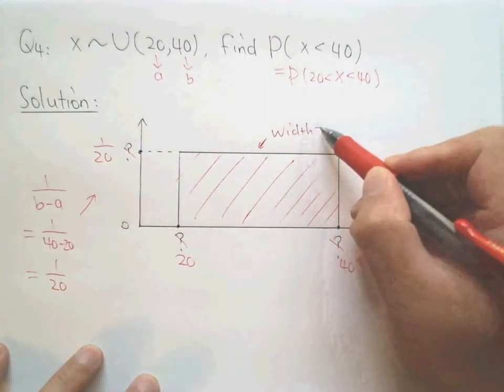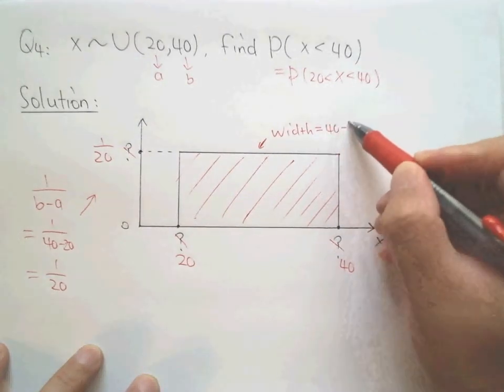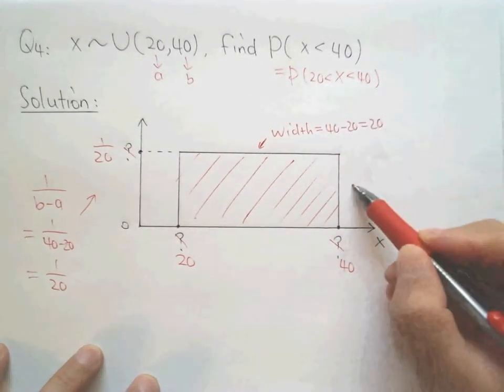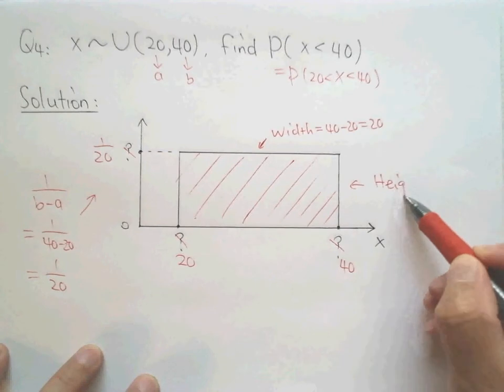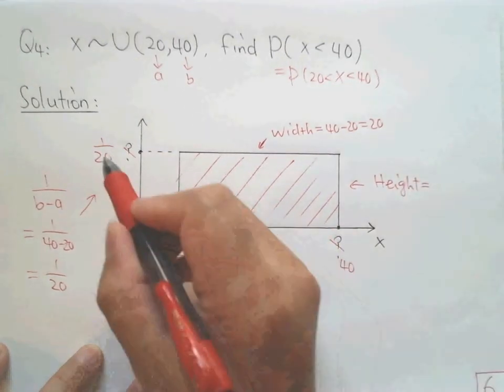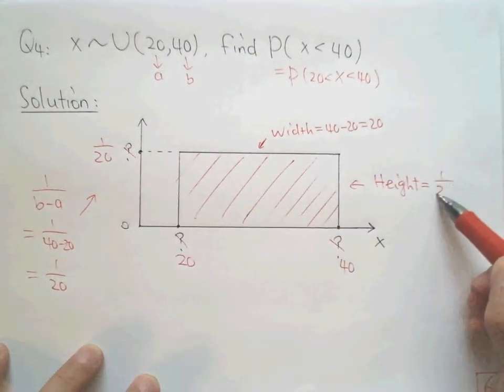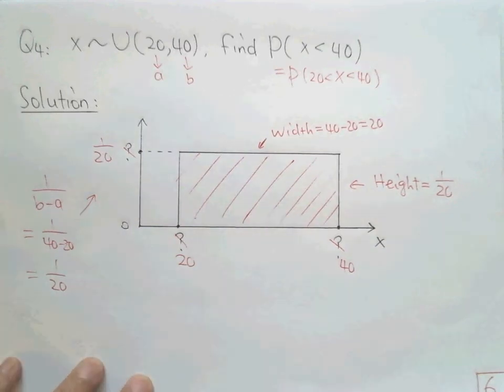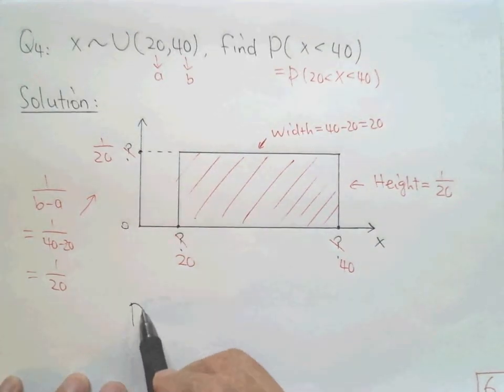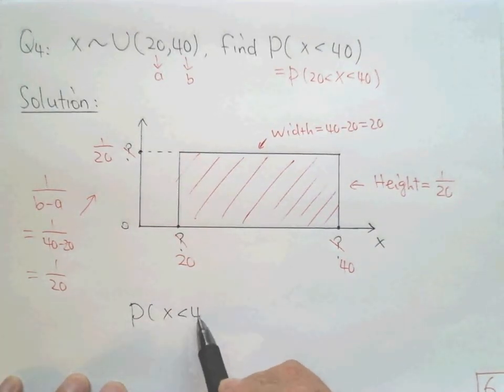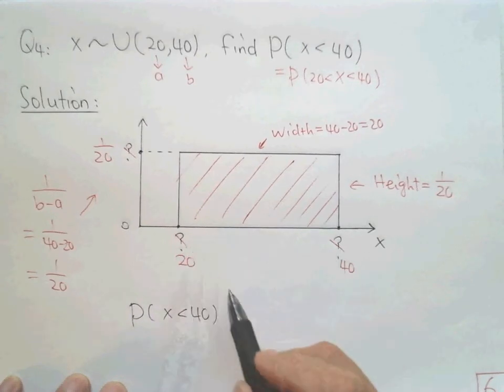It's 1, right? Okay, or if we want to do calculation, this is the width still. The width is 40 minus 20, of course 20. This is the height. What the height? The height is the original, this number, the value are the same. And then can we look at the calculation?